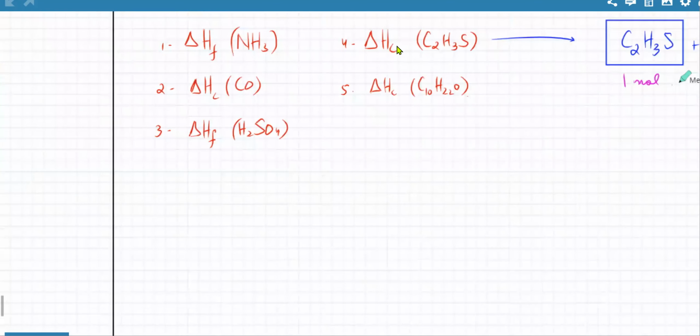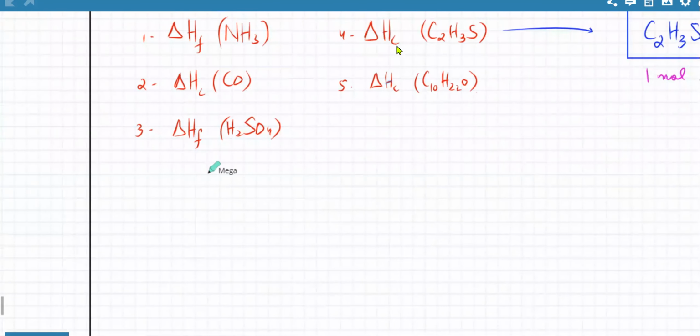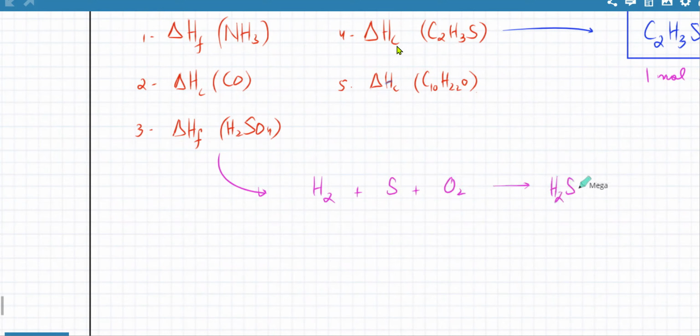Let's just quickly do enthalpy of formation of H2SO4. That is where 1 mole of H2SO4 is formed from its elements, which are hydrogen, oxygen, and sulfur, and the elements must be in their standard state. So 1 mole of a substance is formed. So here it's getting formed: there's going to be 2O2, just 1H2. This is gas. You have to write the states as well.